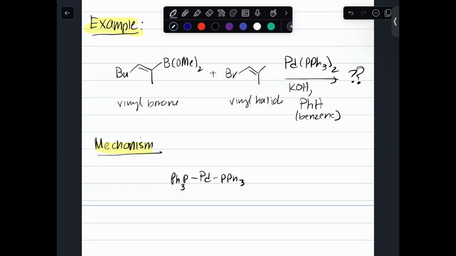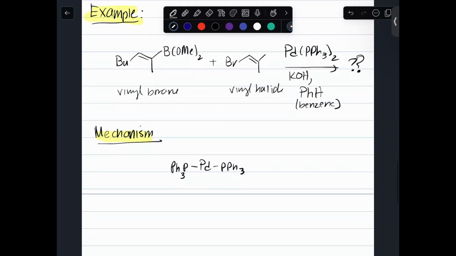And if you remember from our previous lecture, we talked about how this has 14 electrons. And so this obviously catalyzes the reaction. Because it's a catalyst, we have to regenerate it. And so again, it is a cyclic catalytic cycle. We have to come back to it. And luckily for us, the first step is an oxidative addition.